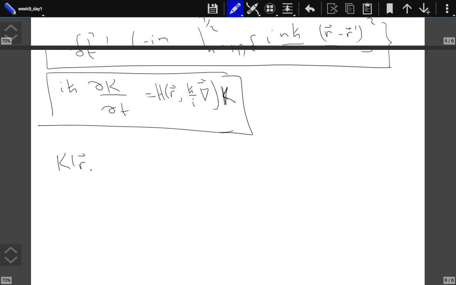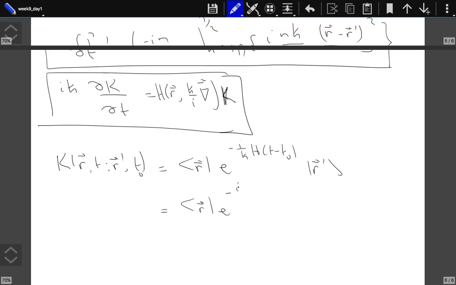Let's look at K again. Well, I can just separate the t and the t0 in the exponent.